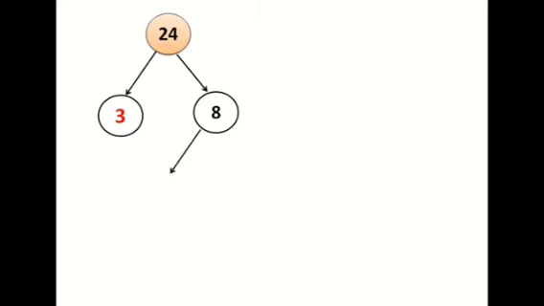Draw another 2 arrows from 8. At the end of the arrows, write 2 and 4. Here the 2 in red is a prime number, so we are not going to factorize it, but we will factorize 4 because 4 is a composite number. We can split it as 2 twos are 4. So please do it.